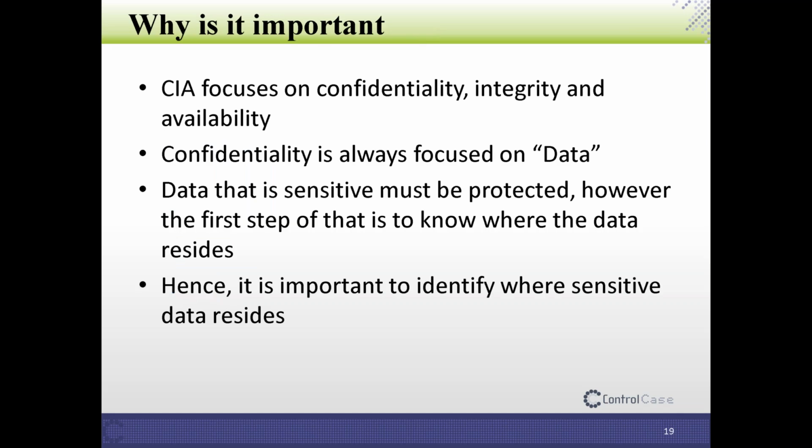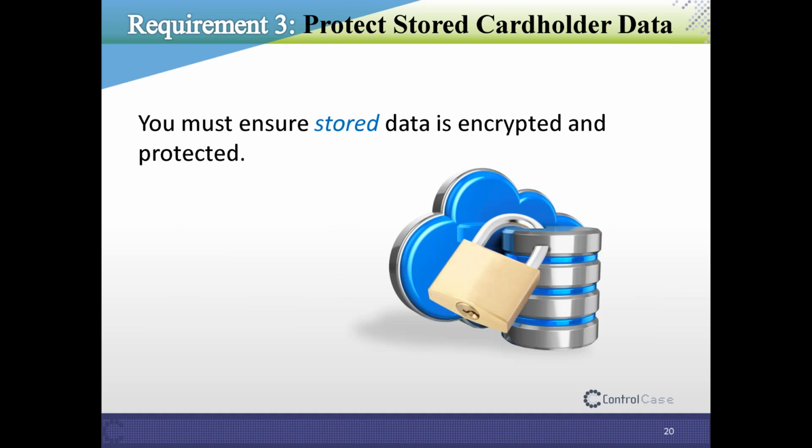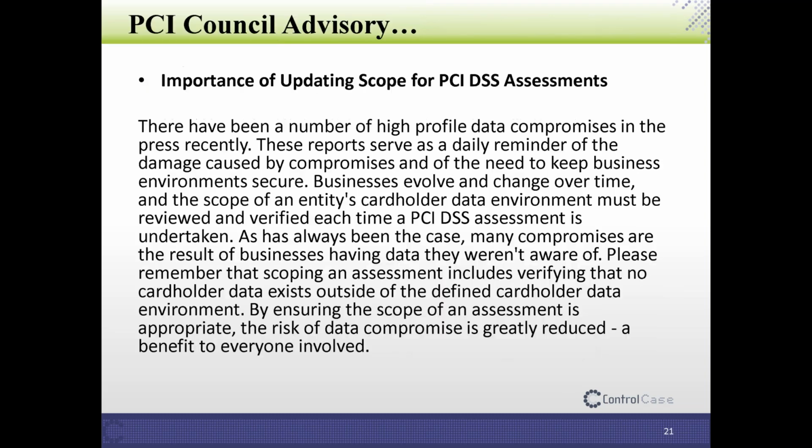Why is it important? We're doing PCI DSS and PA DSS to protect cardholder data. Well, to protect data, you need to know where it is, and hence data discovery is important to identify where this data actually resides. Requirement 3 of PCI DSS mandates that stored data, to the extent card data is stored, should be encrypted and protected.